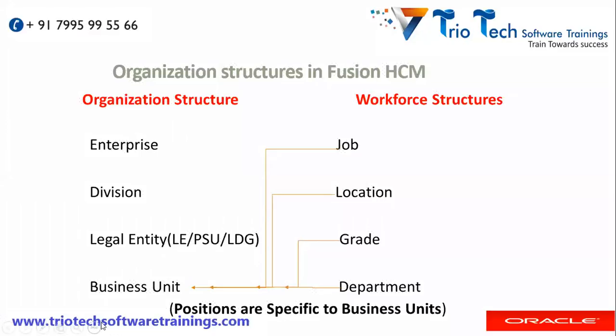And then under legal entities, we will have the concept of business units. Again, business units are specific to region or specific to business process wise. There is a company called Reliance Retail Private Limited in India.